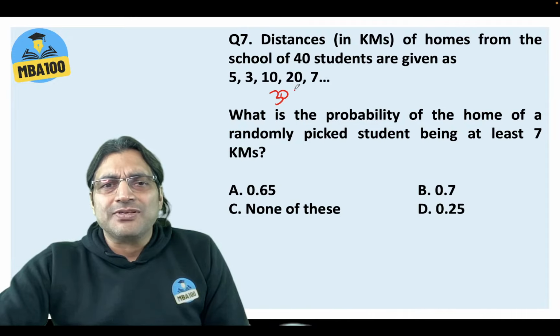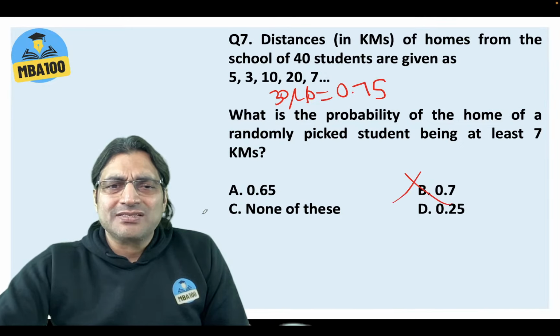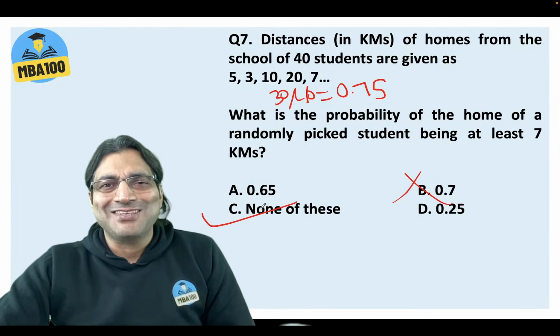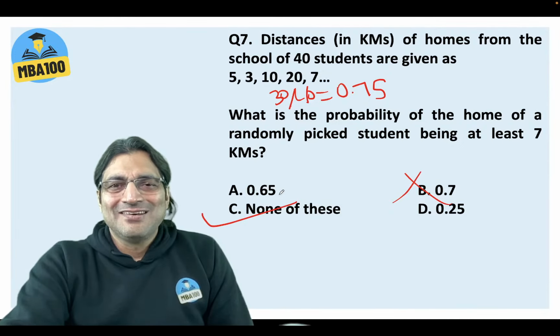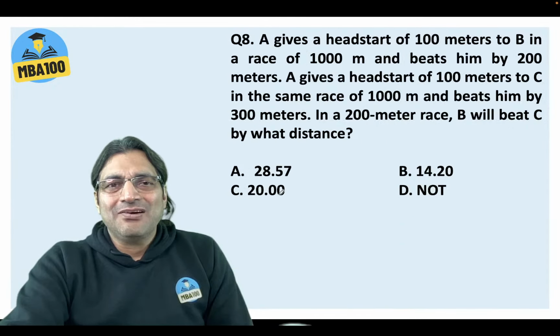So my answer to this question was 30 out of 40, that is 0.75, and 0.75 was none of the options. Alright? But yeah, most of us, including myself, feel shaky whenever the answer is none of these. So here the answer actually was none of these. Alright. Okay. Alright. Let's come to question number 8.